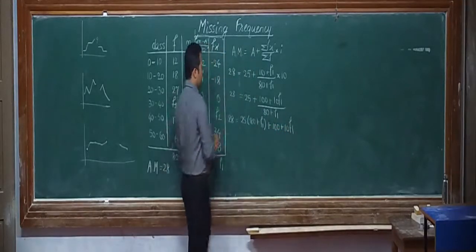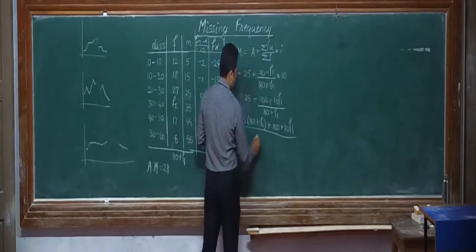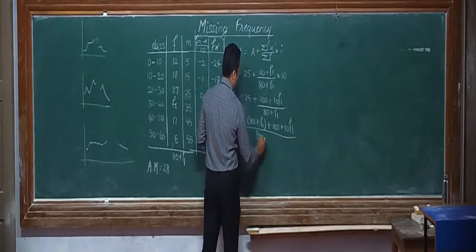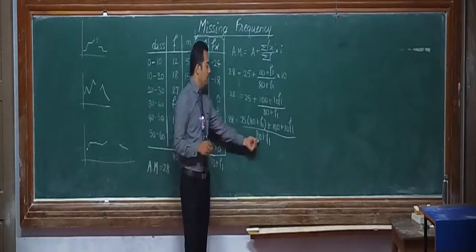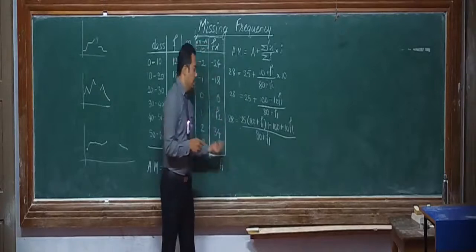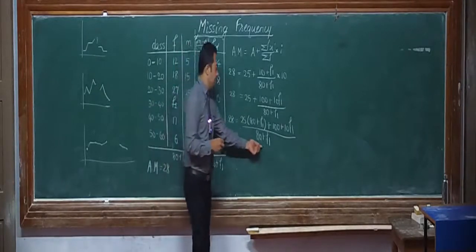Alright. Then this whole thing, now we have the common denominator, that is 80 plus f1. Now I can shift it to the LHS. So let me shift this entire thing to LHS.